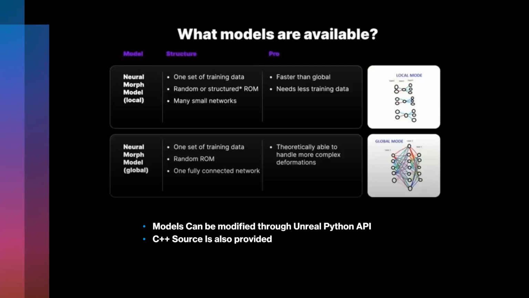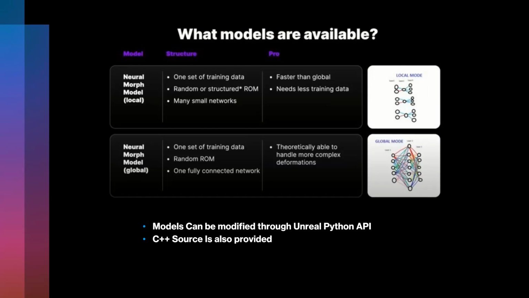Okay. So these are the two options of models that they have. The neuromorph model is one set of training data. It uses random instruction, many small networks. This one uses a fully connected network. Now, in my team, we're software engineers. We're trying to make the application. I'm not as familiar in depth with the machine learning process and that part of it.